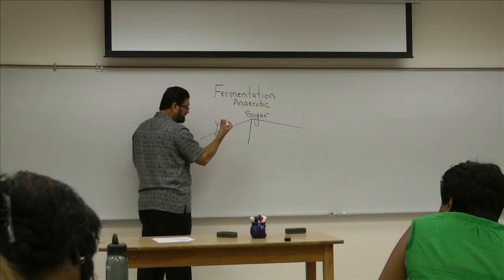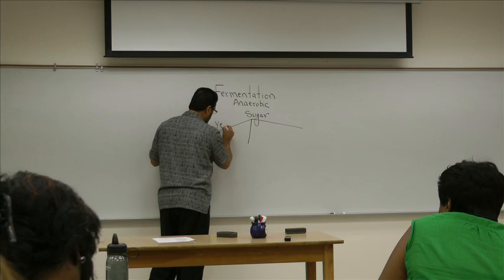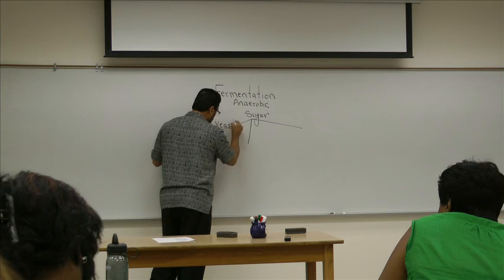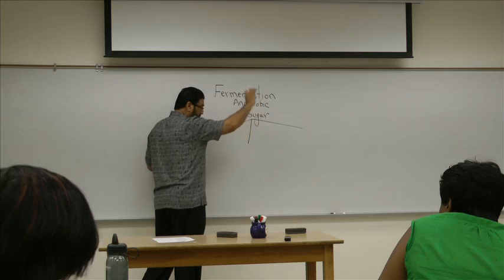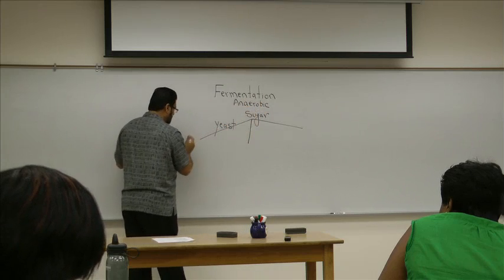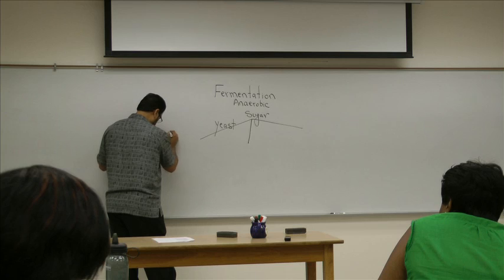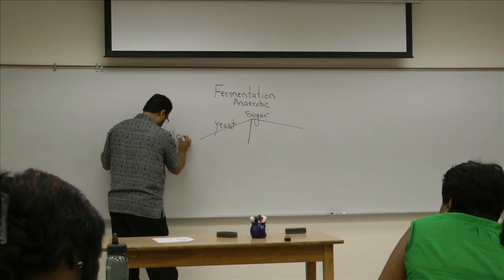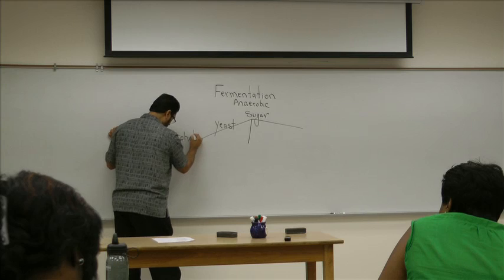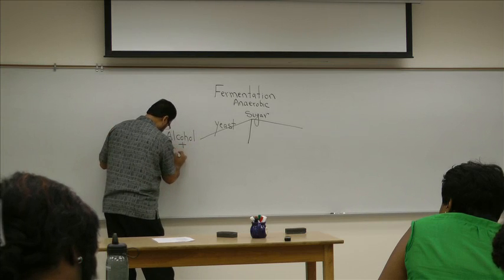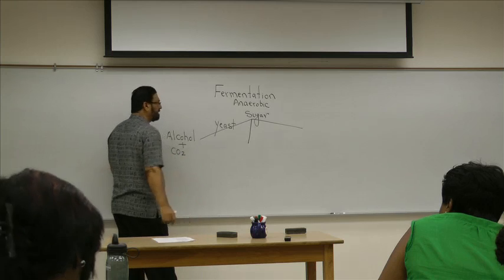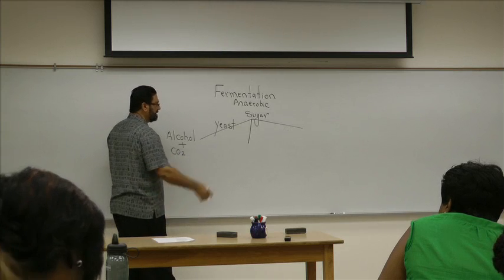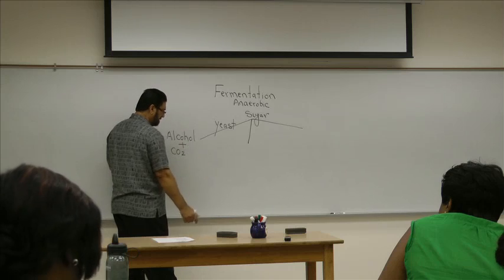If the catalyst is yeast, you take sugar in a test tube, put yeast in it, it is going to turn it into alcohol plus CO2. Okay, that's one type of fermentation, one organic compound into another.